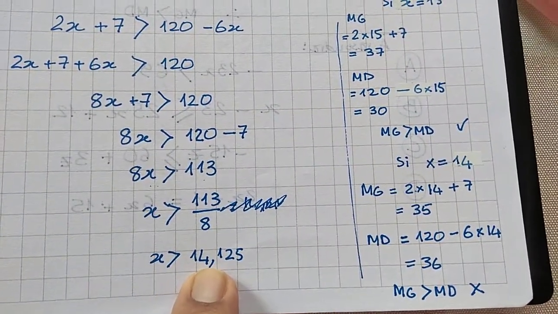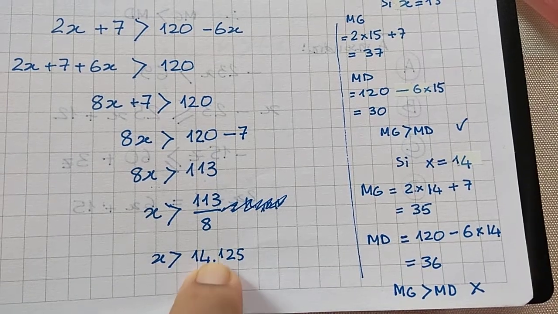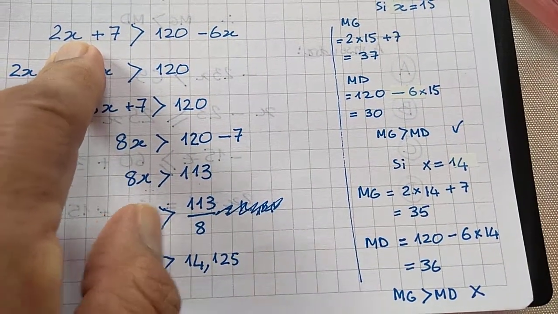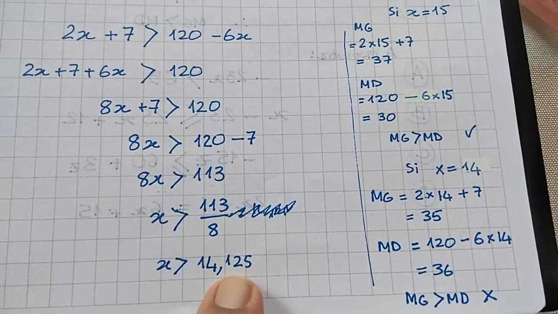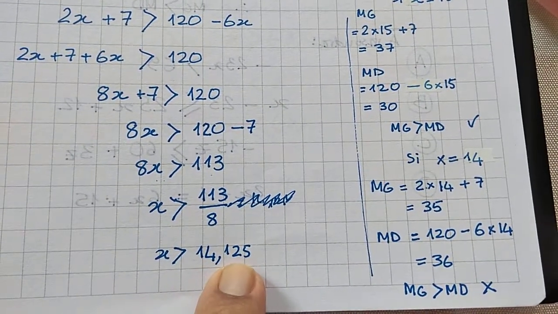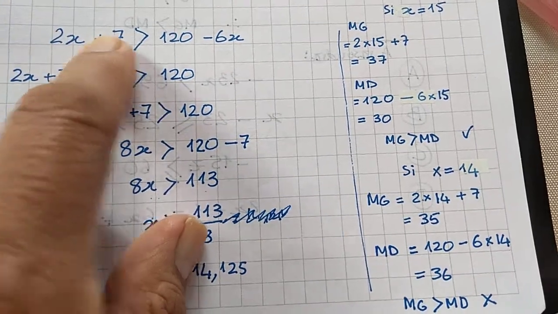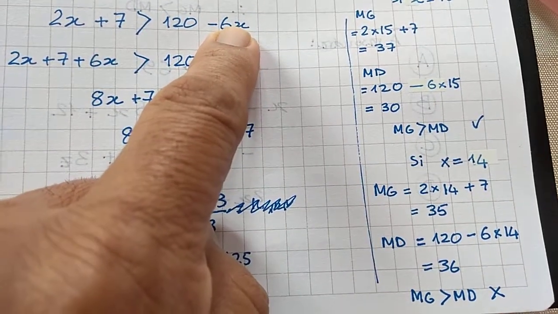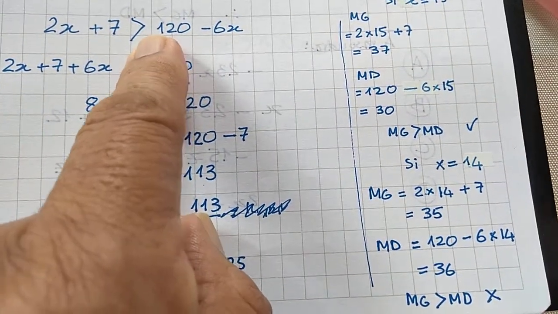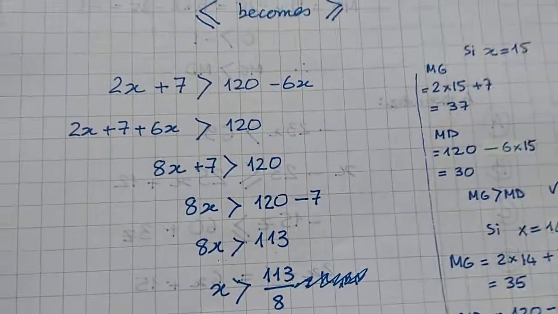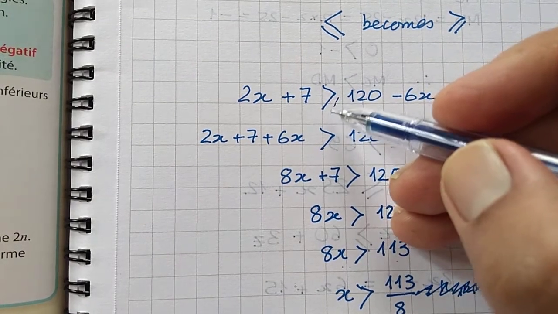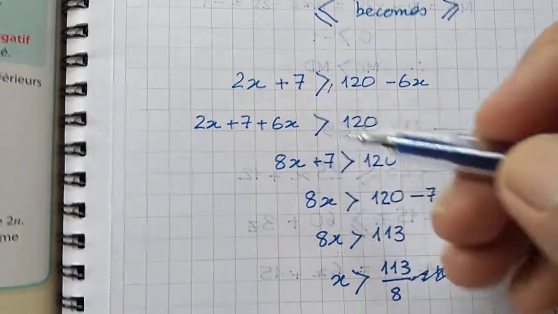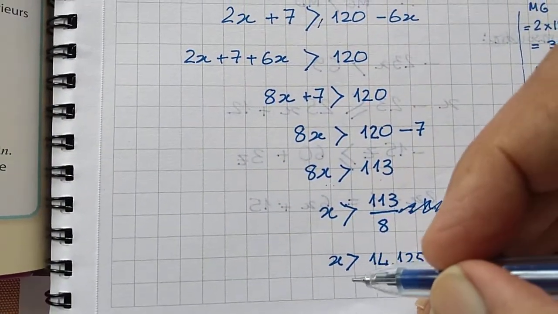If x is greater than 14.125, this term is greater than this term. If you take x is equal to 14.125, you will find that this is equal to this, and that doesn't satisfy this sign. If there had been another line here to indicate superior ou égal à, then you would have the same line here.